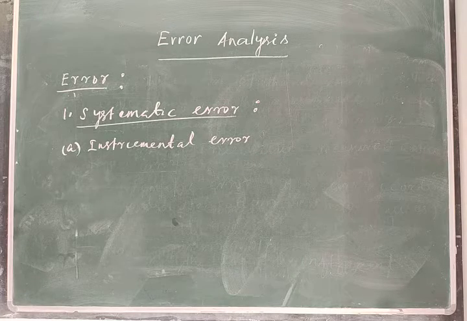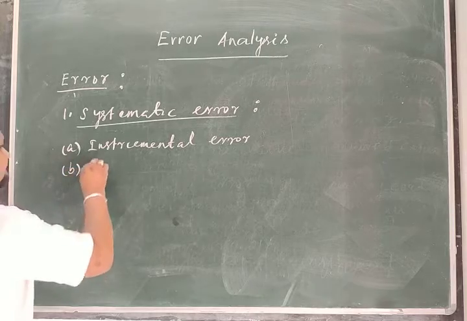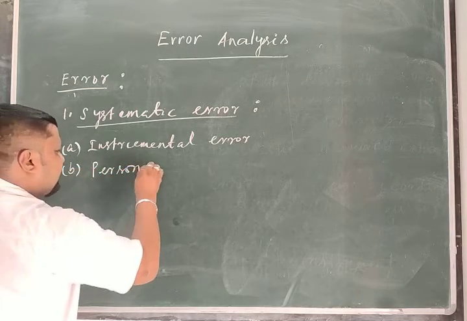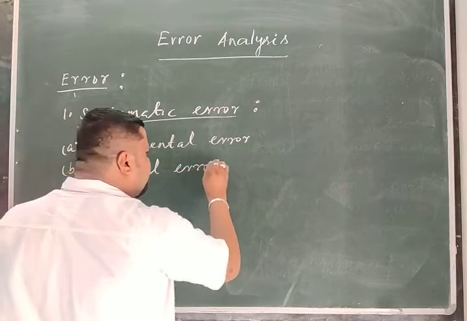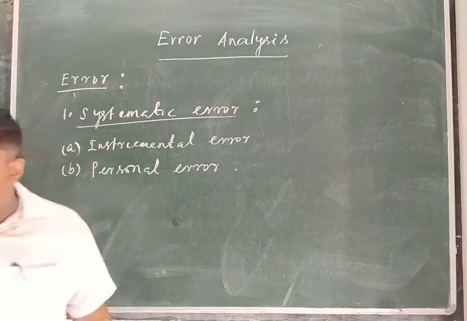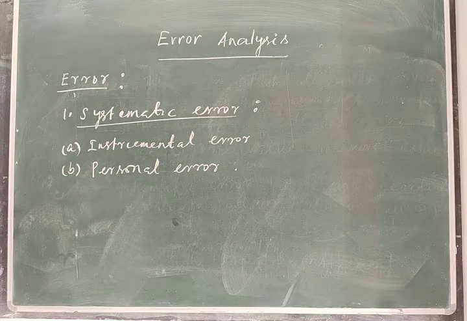Okay. Similarly, another one is the personal error. This is the error because of the person who is doing the experiment or the observation.